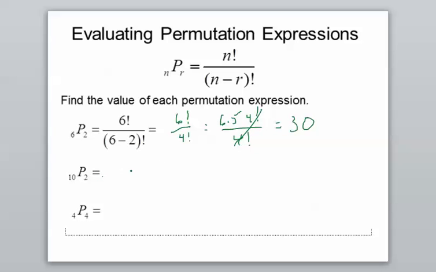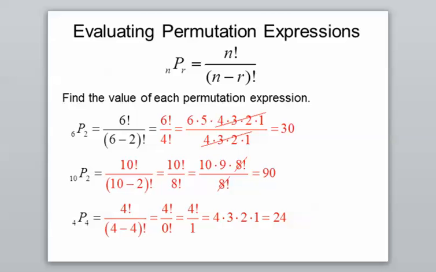And this one is going to be 10 factorial divided by 8 factorial. That's really going to be 10 times 9, which is going to be 90. And this one is going to be 4 factorial divided by 1, which is 4 times 3 is 12 times 2 is 24. Just like that.